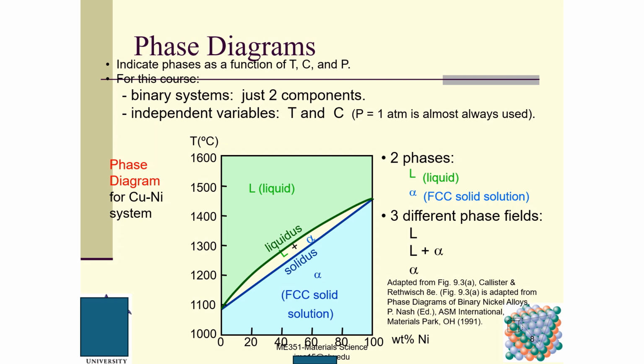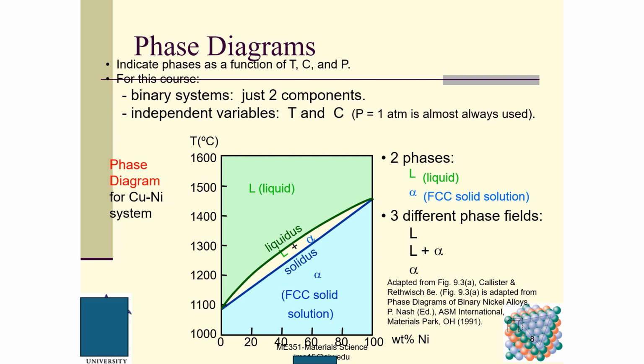As a result, for all these materials and phase diagrams, we just assume the operating pressure equals 1 atm. So we only focus on the temperature and the composition in our phase diagram. Here, this is a two-phase diagram, the copper-nickel system.